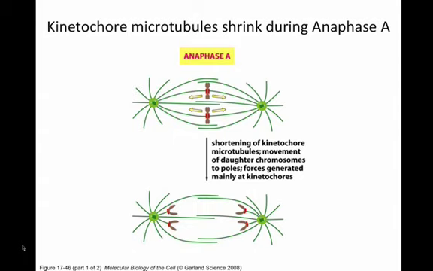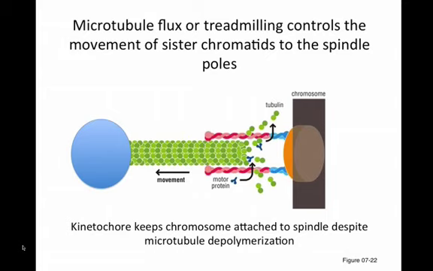So here are your kinetochore microtubules, the ones attached to kinetochores, and they're going to shrink back towards the centrosomes. So it looks like that. But you still have these guys here. And what are those guys doing?